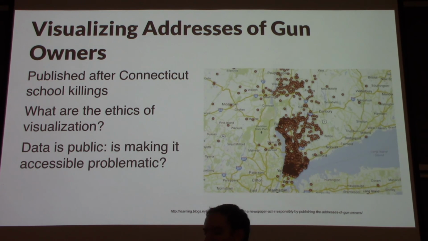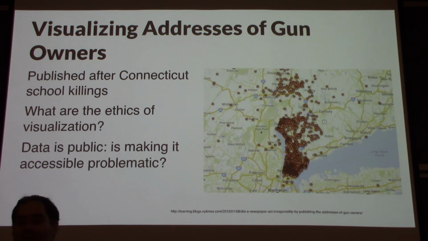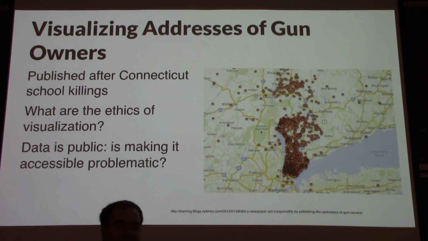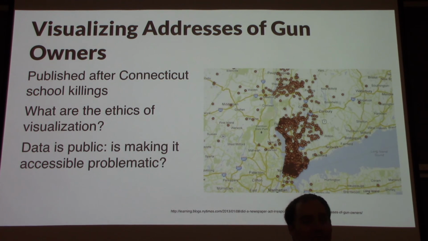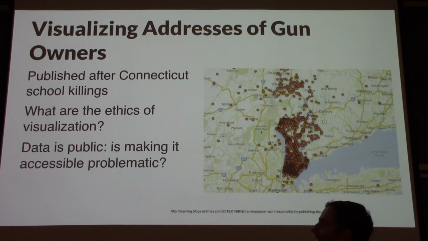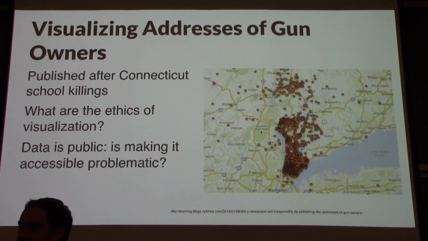You could really zoom in and see which of your neighbors owns a gun, because this information is public record. But in the past, you had to go to some obscure government website and query that, and then you would get a textual response. And these guys actually made this super accessible, and they published this map.